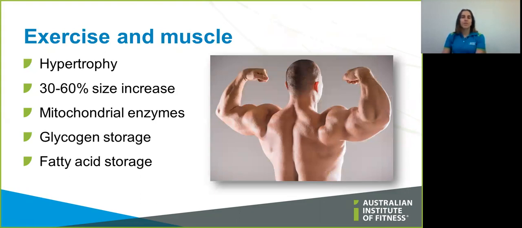One of the most common effects on muscle tissue is to produce hypertrophy, or an increase in muscle size. The capability to gain hypertrophy is very dependent on genetics and testosterone levels, and we can see training can elicit about 30 to 60% increases in size.